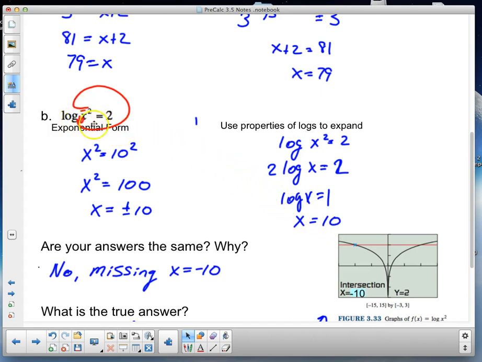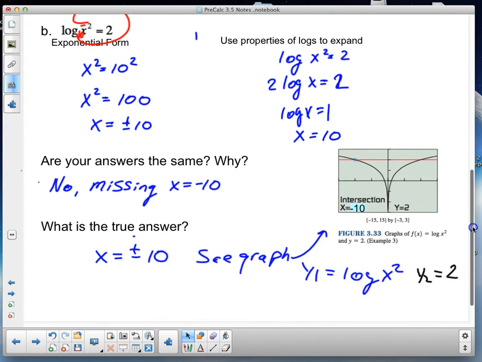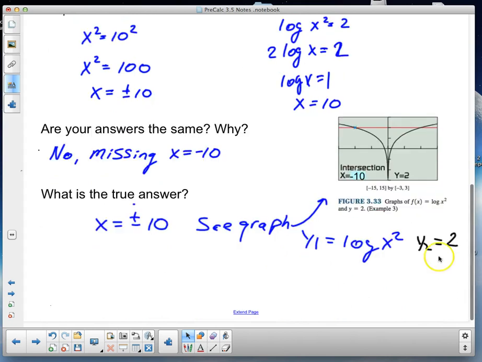If I put negative 10 in for x, will this be a possibility as well? And I also want to look at my graph. I'm allowed to have my calculator on some parts of the test just to make sure that I'm fulfilling both sides of my result. All I did was y1 was log of x squared and y2 was equal to 2, to find those answers.